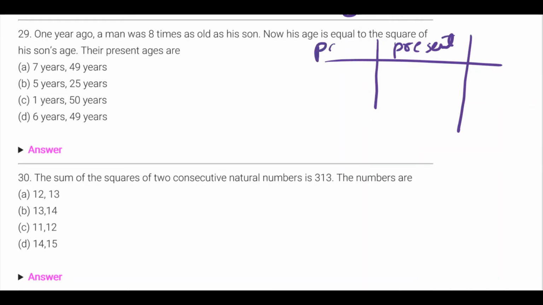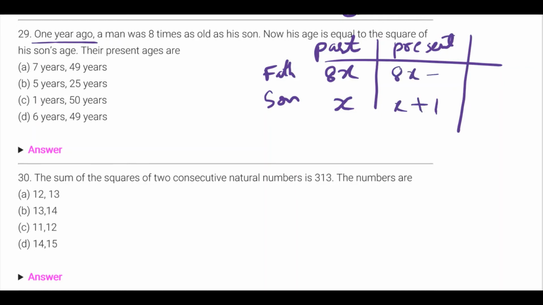This is past. This is son. This is father. So in the past, if son is x, the father will be 8 times x. And in the present, since the data is given as 1 year ago, the present will be x plus 1 and this will be 8x plus 1.